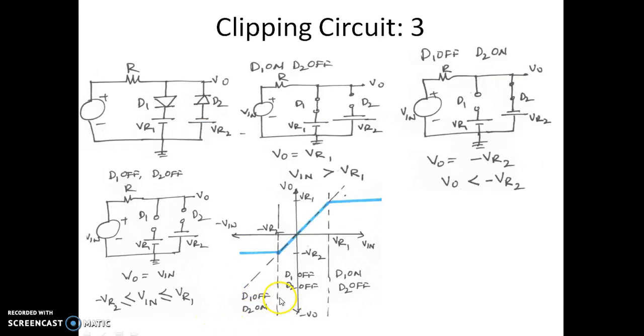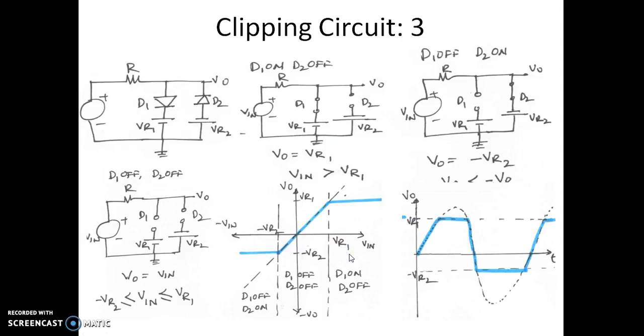When the input voltage is between VR1 and minus VR2, both are off and the output follows the input. When the input voltage is more than VR1, the output remains constant at VR1. If the input voltage is more negative than minus VR2, the output voltage is again minus VR2.